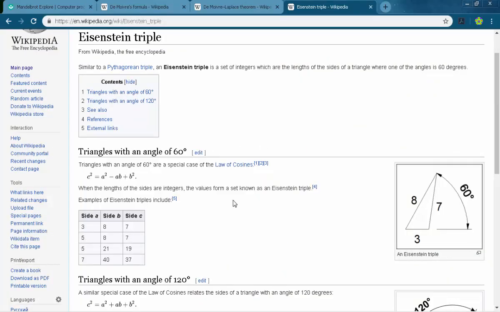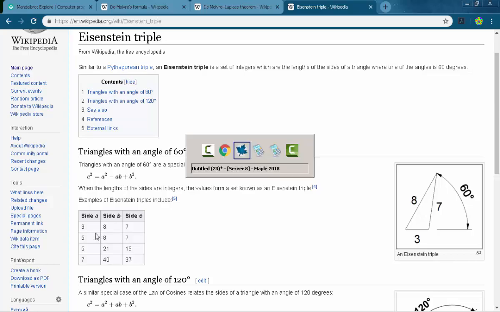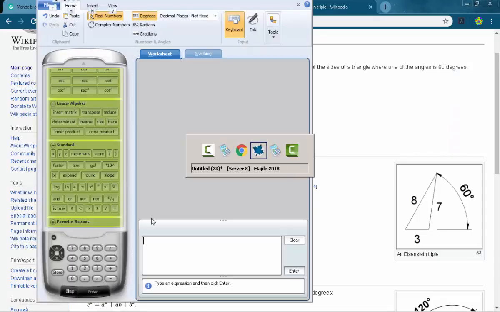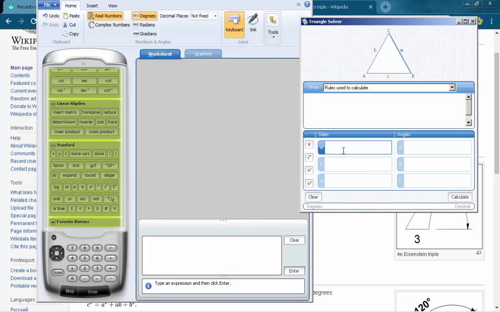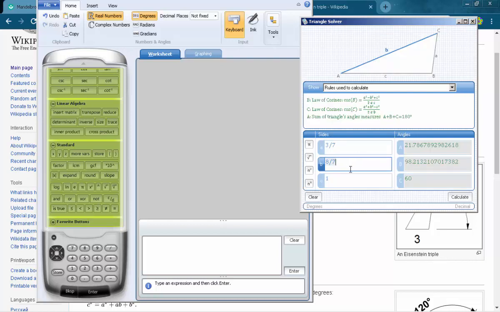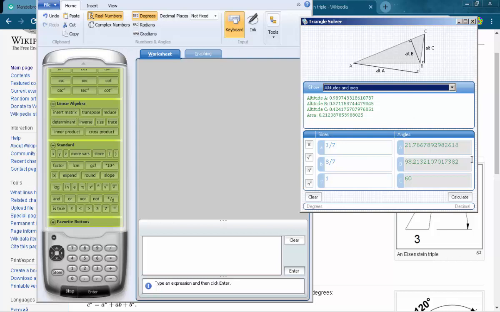So let's do this little one here. 3, 8, 7. 5, 8, 7. All right, so this will work because it's a scalar. Scalars still work on ellipsoids.